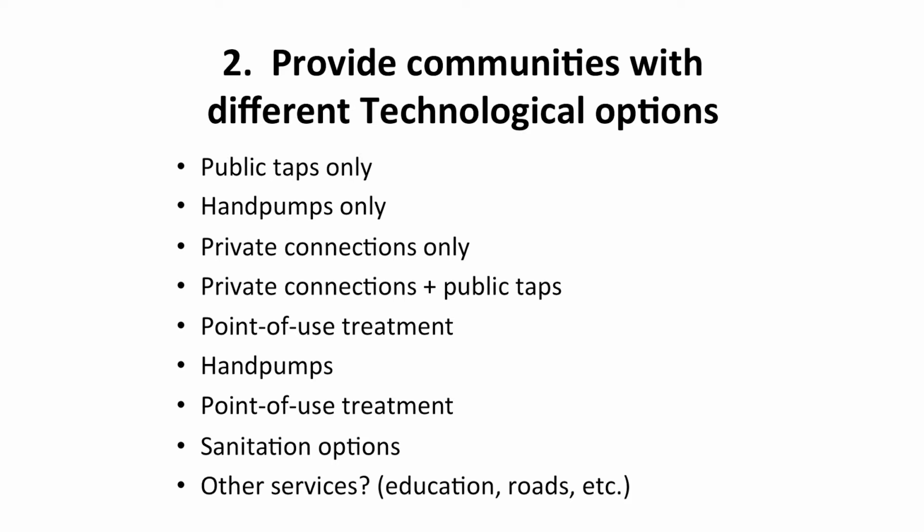For example, the central government may specify a certain subsidy per person. If households want a higher level of service than can be built with the subsidy, then they would need to pay more. However, for a variety of reasons, the central government may want to limit the technological options a local community can choose. One reason may be local or regional water resource constraints.